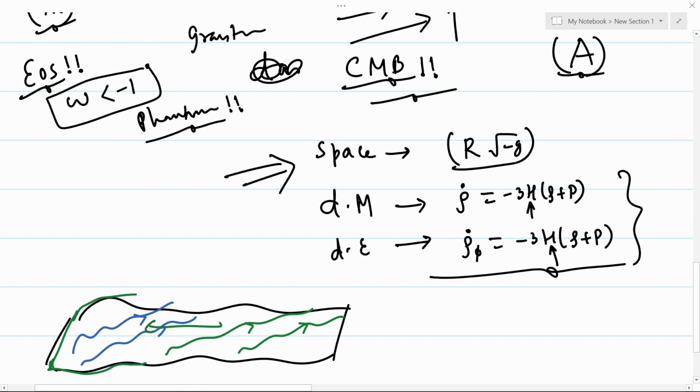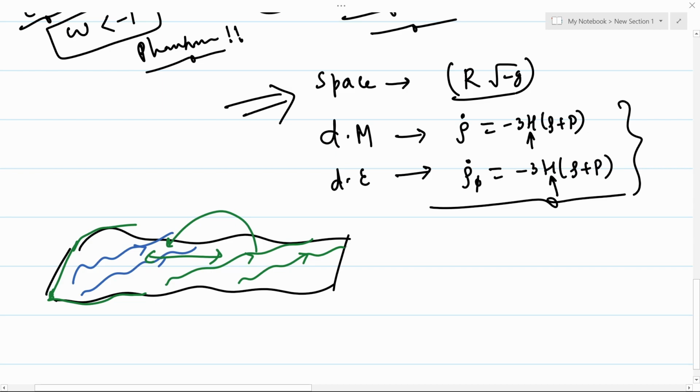They will talk like this, and there is no way they have a direct interaction with each other. So we are not changing the background curvature. There is no direct influence of the curvature, no manipulation of curvature, on the fields and fluids. This is called the minimal coupling.